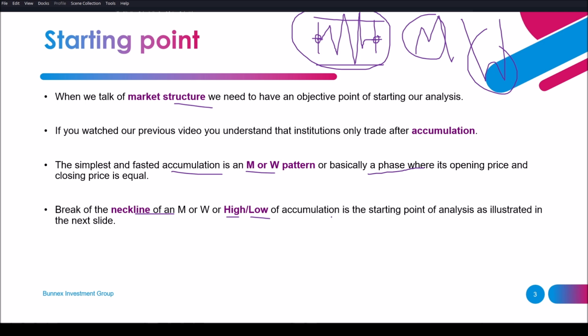And this is illustrated in the next slide. Whenever we see break of a neckline, which is break of this particular point on a W pattern, we now have obtained the primary bias of the market. Or if we are within an accumulation phase like this, if we break the high of that accumulation phase, we have as well obtained the primary bias of the institutions.